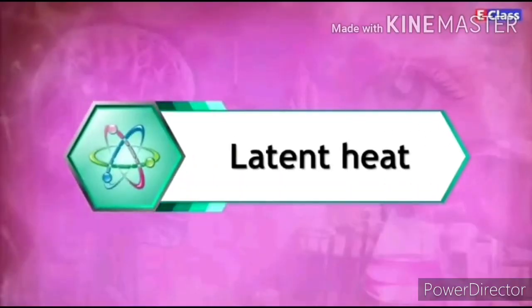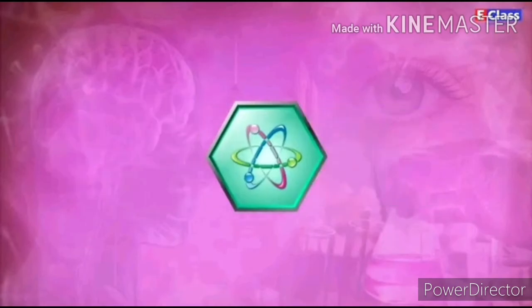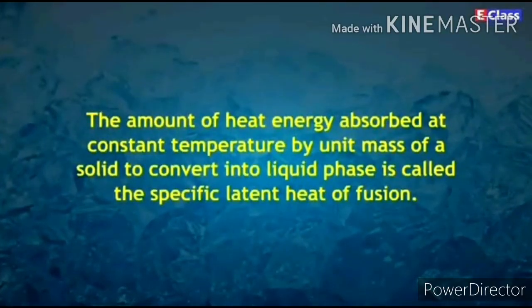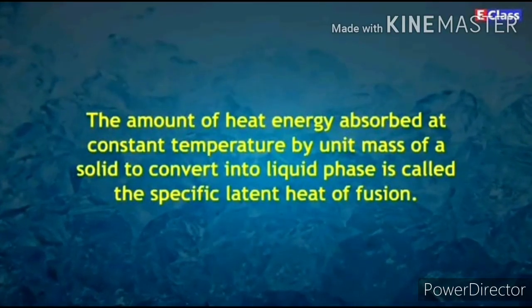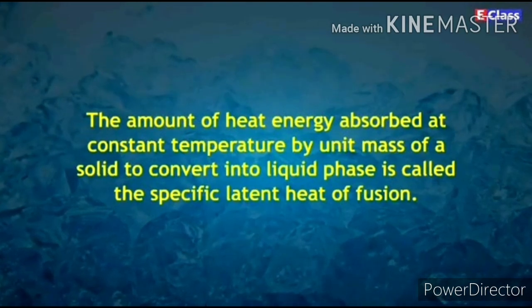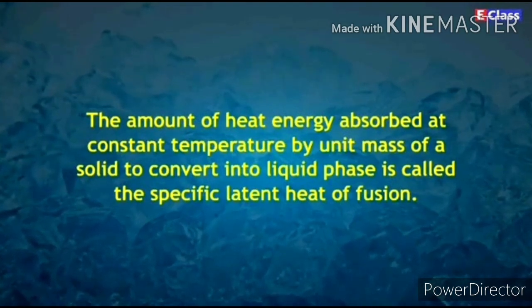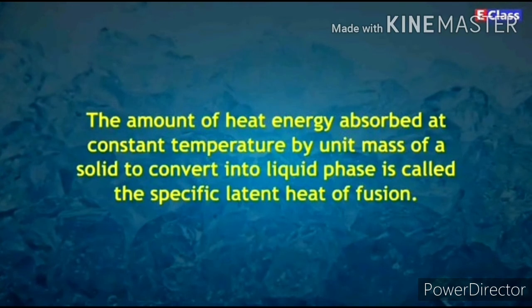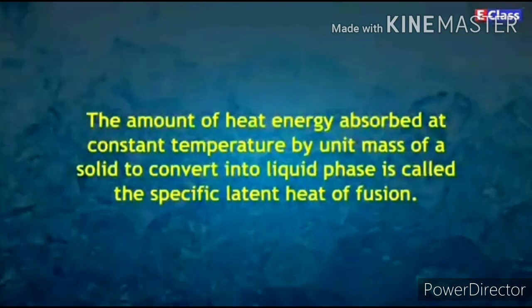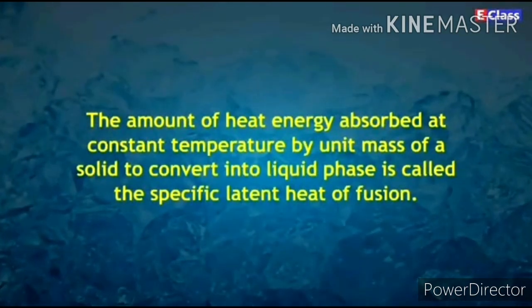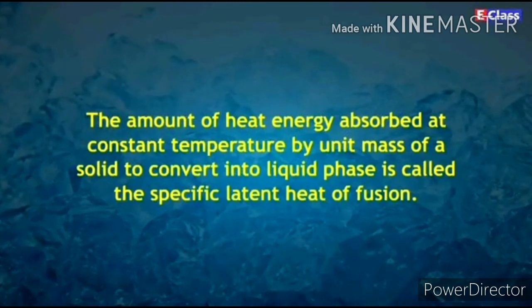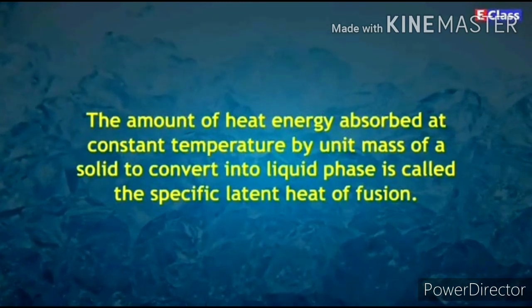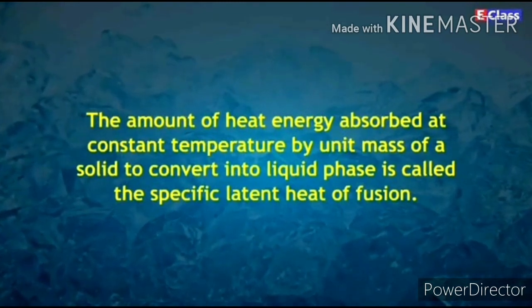So students, in this video you have studied about latent heat. There are two types of latent heat: latent heat of fusion and latent heat of vaporization. The specific latent heat of fusion is defined as the amount of heat energy absorbed at constant temperature by unit mass of a solid to convert into liquid phase.